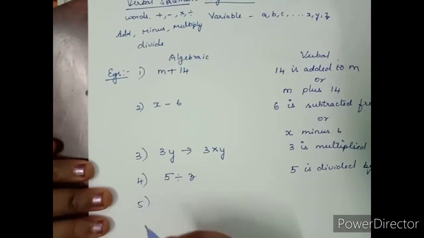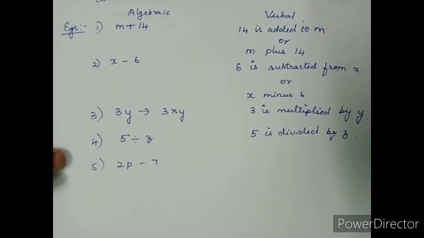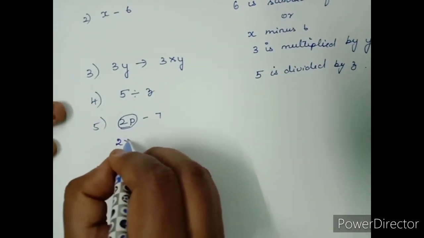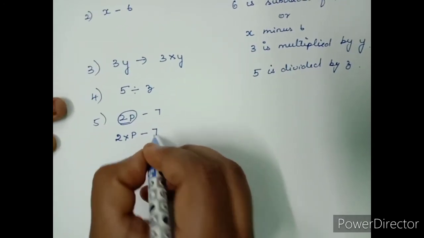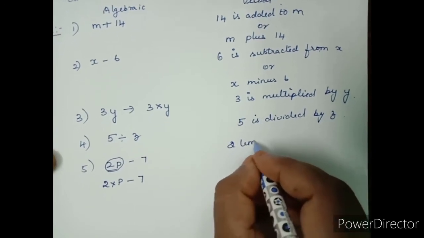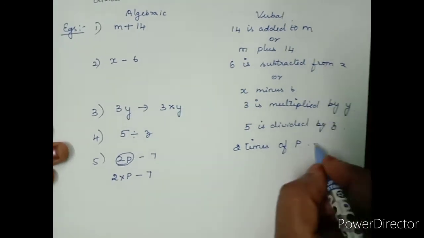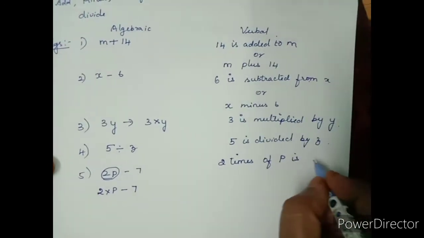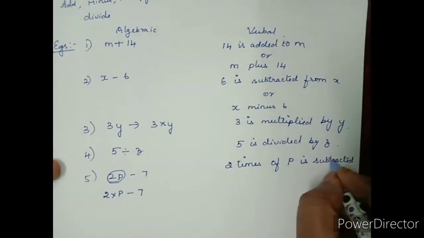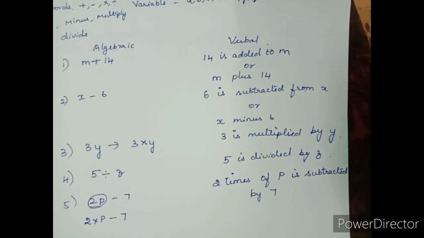One more example we'll see. See, 2p minus 7. So what is this? We'll go with this one first. 2 times of p minus 7. So what we will be writing here? 2 times of p is subtracted by 7. We can write it like this.